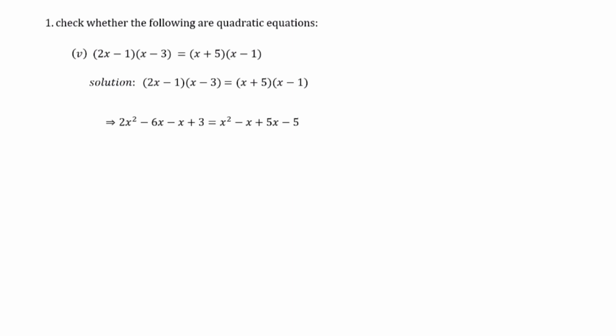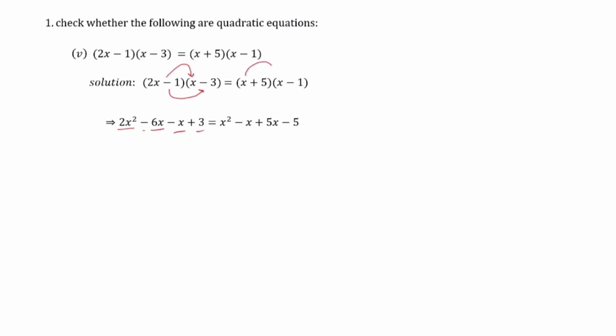Here also it is the same. 2x into x will give me 2x squared, plus with minus will give me minus. So 2x with 3 will give me 6x. So minus with this will give me minus x, so minus into minus will give me plus. On the right side also we will apply the same.